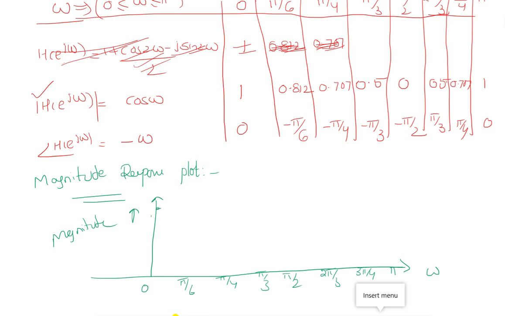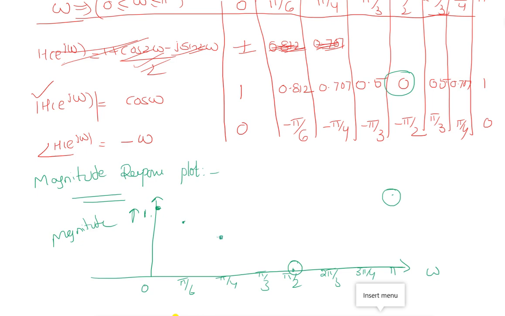So its value is equal to 1. For pi by 2, its value is equal to 0. For pi, its value is equal to 1. For pi by 6, its value is nearly 0.812, somewhere it exists like that. For pi by 4, its value is equal to 1 by root 2, so 0.707.